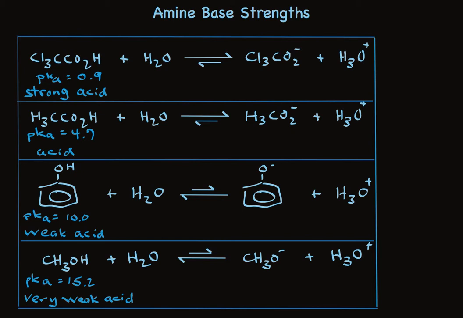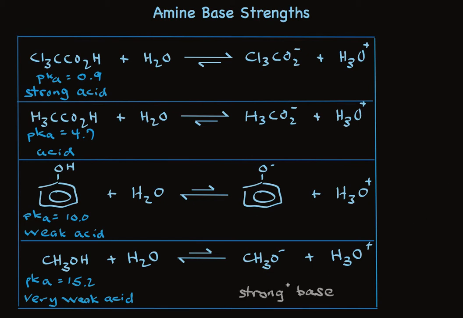So at pH 0.9, there's an equal amount of trichloroacetic acid and its carboxylate salt. Notice, too, and this is where I'm headed with all this, that when we have a strong acid, we have a weak base as the conjugate base. And when we have a weak acid, we have a strong base as the conjugate base.